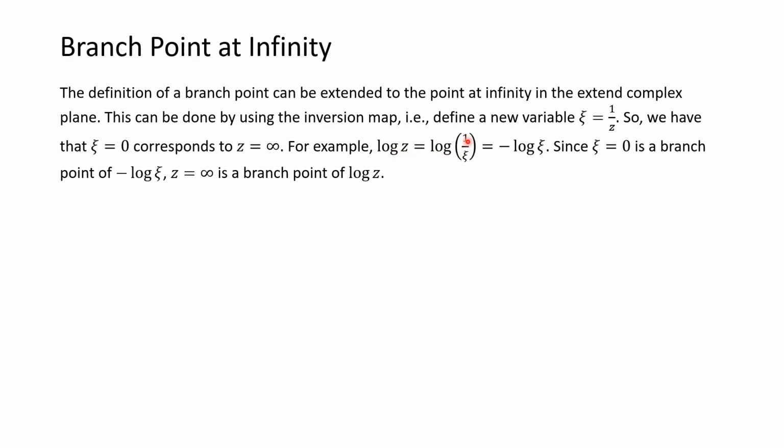We substitute in 1 over xi, and by using the property of logs, we get minus log of xi. So since xi equals 0 is a branch point of minus log xi, we know that z equals infinity is a branch point of log z. So we have a second branch point for our log, and they're the only two actually, 0 and infinity.